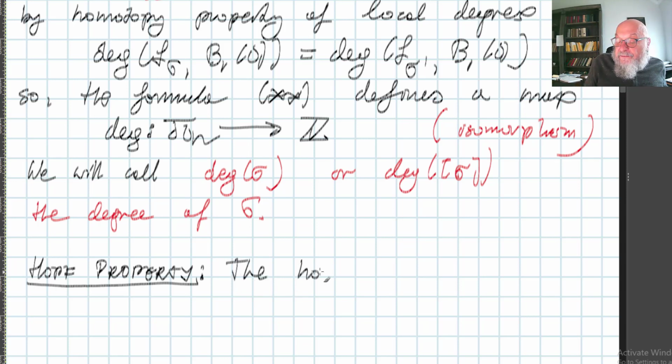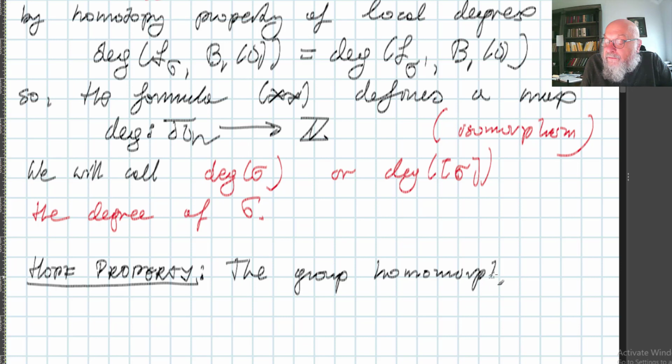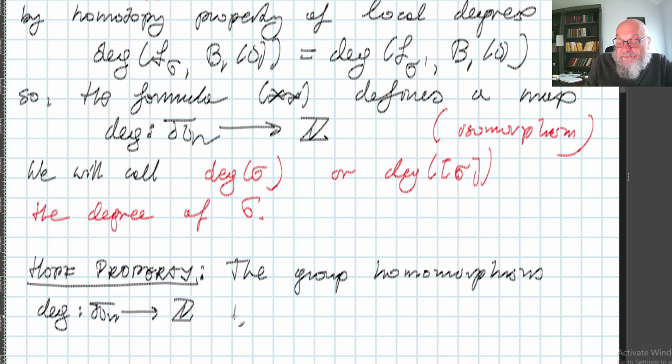It uses the fact that this is a group: deg from pi n to Z is an isomorphism. So that's how it is called. So okay.